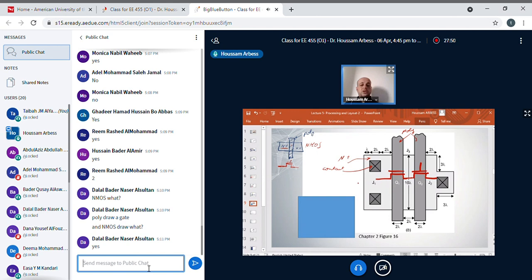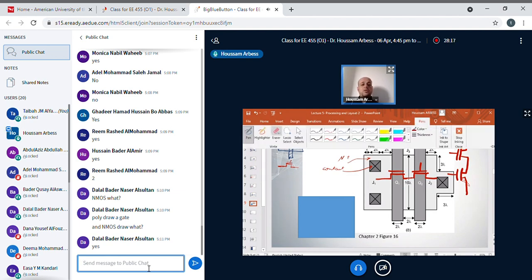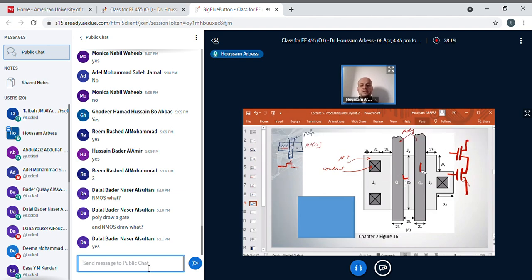If I want to sketch the circuit, I can say that the NMOS transistors are connected in series, with two gates here. I don't know what the gates are connected to, because they did not mention it. I don't know what this terminal is connected to either. Did you understand now how I extract the schematic circuit from the layout?